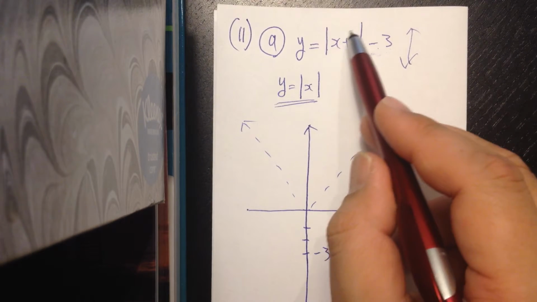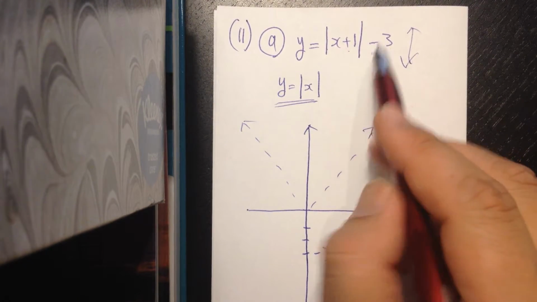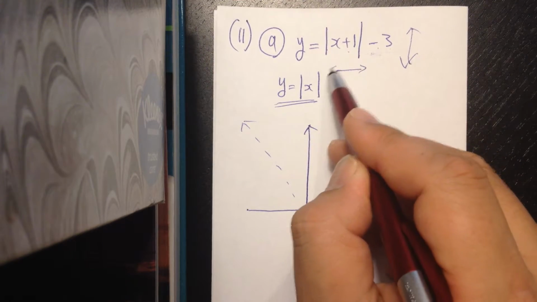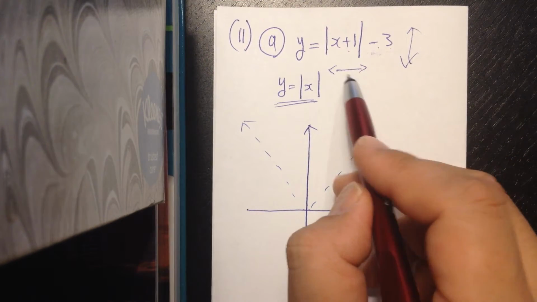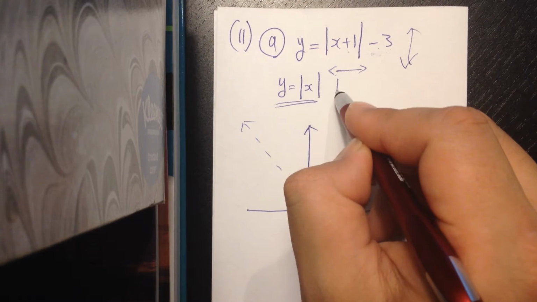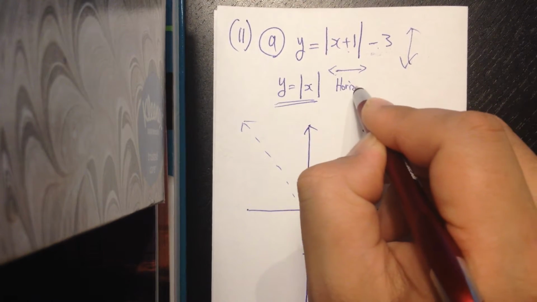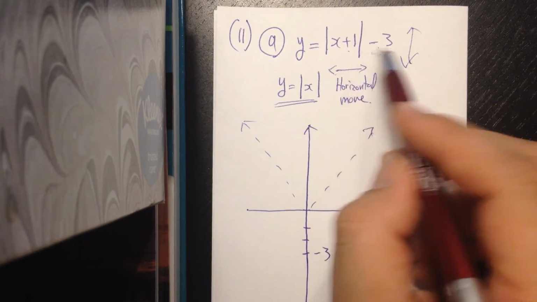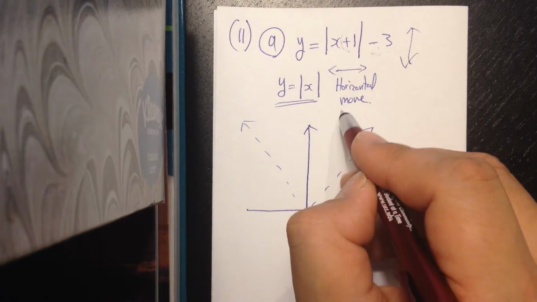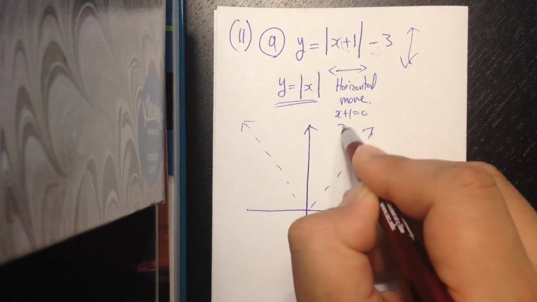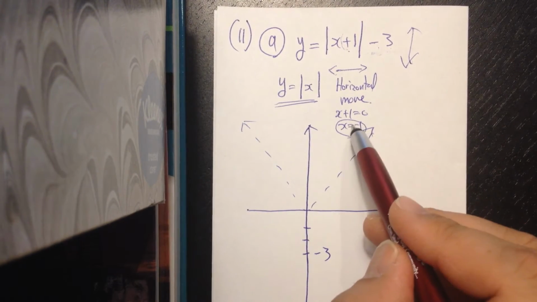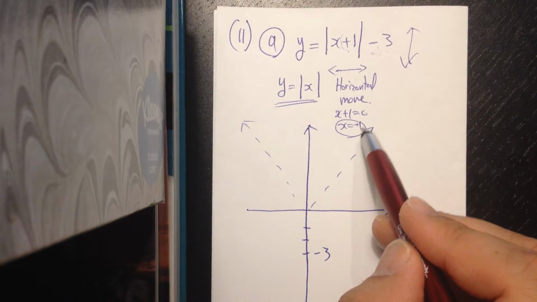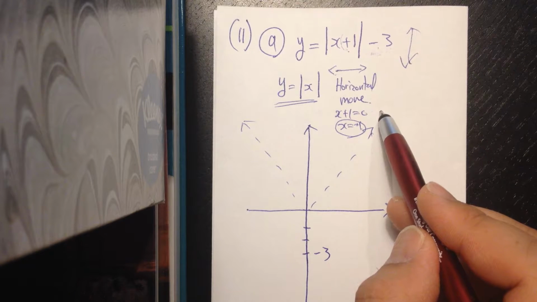Okay, so I get that part. Now, what does this positive 1 do? Well, basically, as you know, it's the horizontal move. So the way it works is I'm going to set it equal to 0, and we're going to move by -1. You see how I set it up equal to 0 and -1?